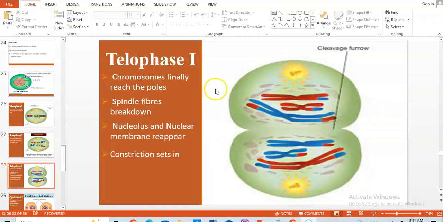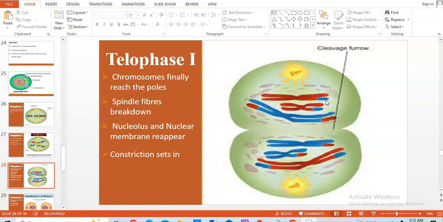Now, telophase 1. What happens at telophase 1? The bivalent chromatids have gotten to the ends of the opposite poles. The spindle fibers break down.